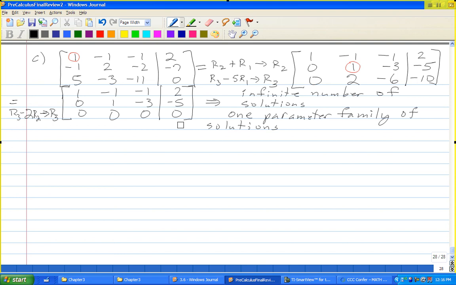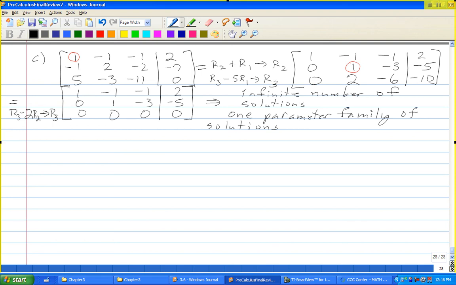So you're going to have an infinite number of solutions. And because there's just this one row of all zeros, that's why it's a one parameter family of solutions. So now let's figure out what it is.